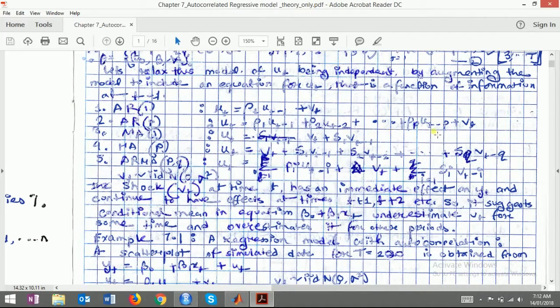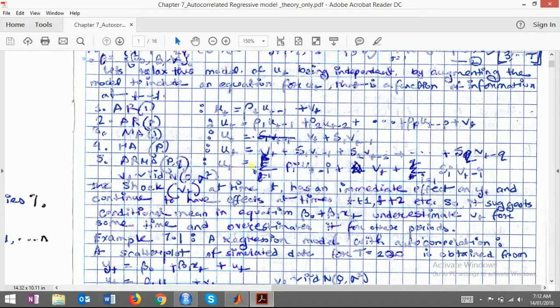So you see, now the moving average model will come after ut is the residual vt. So the moving average is vt plus gamma 1 vt minus 1. In the moving average, vt and the previous value of vt will come up, gamma 1 vt minus 1.